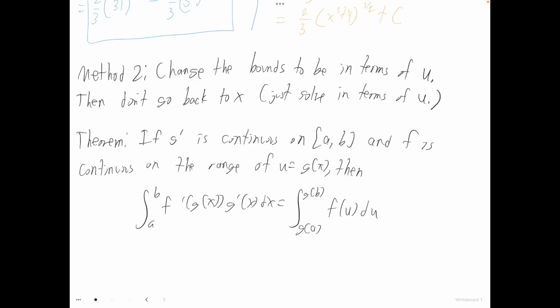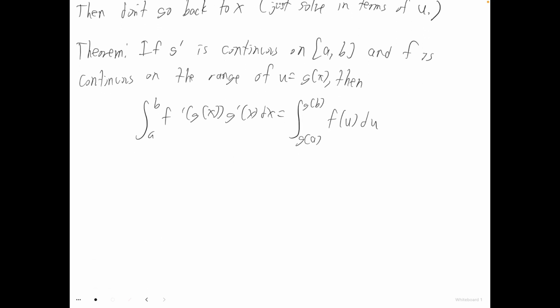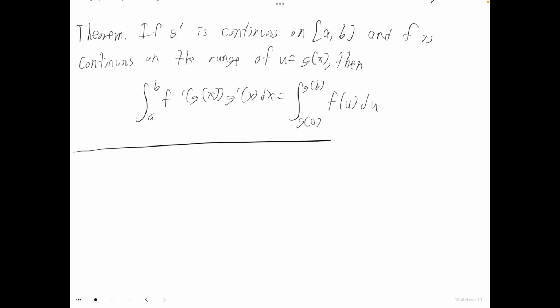And if that holds true, then the definite integral from a to b of f of g of x times g prime of x, which again is just the result of the chain rule, is equal to the integral from g of a to g of b of f of u du. And so we can just plug a and b into our function g and use those as our new bounds. Let's look at some examples of actually doing that, just to make it a bit more clear what we're saying here.